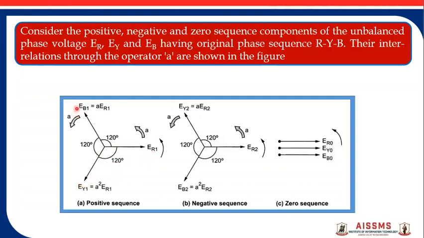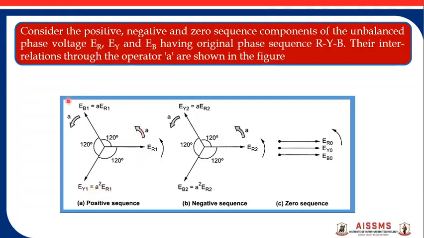Now EB1 or EY1 can be converted into any one phase voltage. We will consider the R phase as the reference. So EB1 will be converted into ER1 and EY1 will be converted into ER1, and while converting them we use the operator A. ER1 will be the reference phasor, EB1 will be equal to A into ER1, where A is the operator, and EY1 is given by A square into ER1.